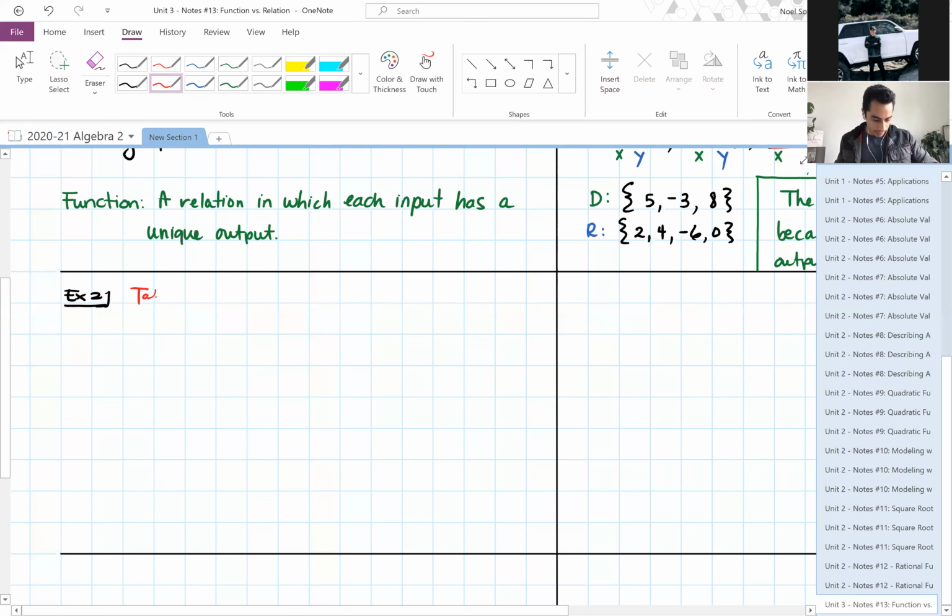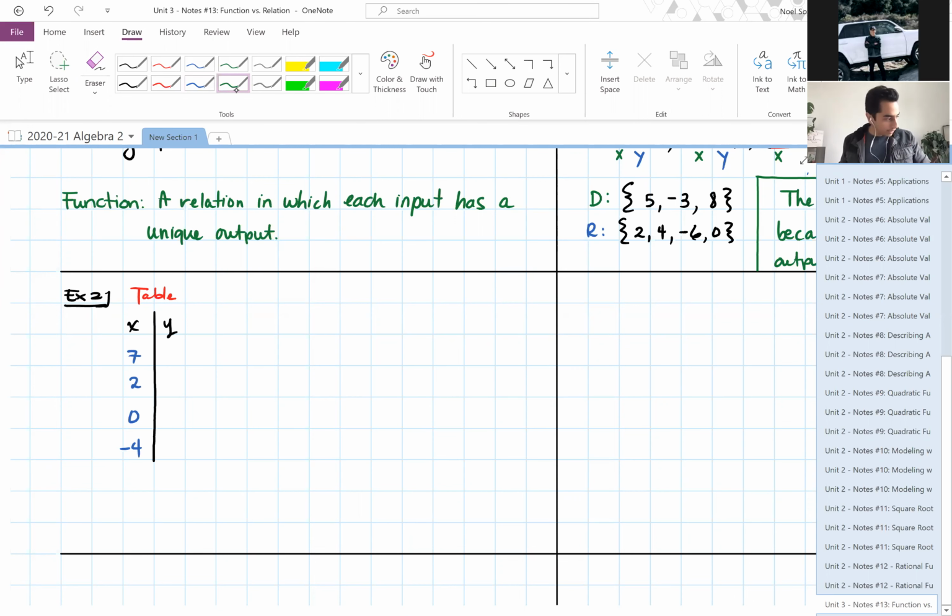So let's take a look at a table. We have X and we have Y. Here are my X values. I have 7, 2, 0, -4.